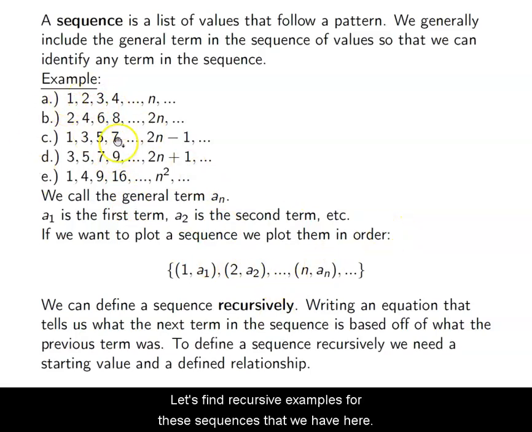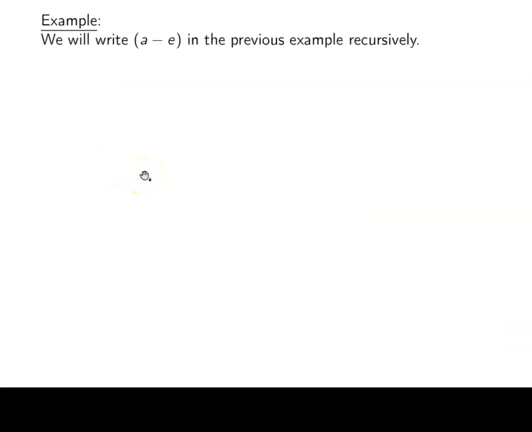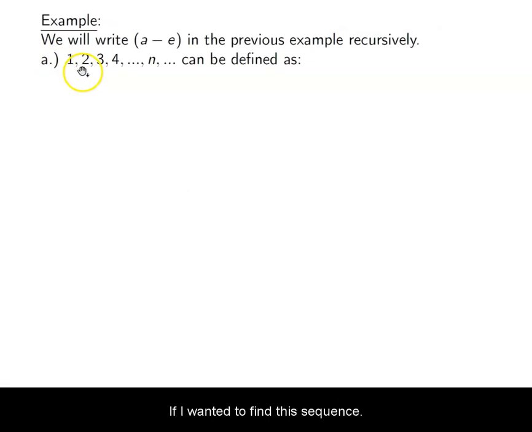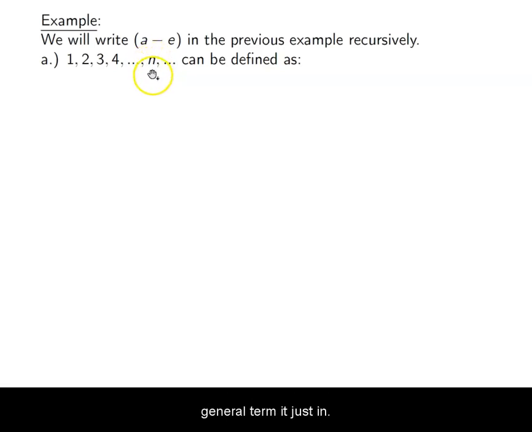Let's find recursive examples for these sequences that we have here. Okay, so just remember what they are. One is the counting numbers, then the evens, then the odds, and then the odds kind of shifted by 1, and then the squares, right? So if I want to define this sequence recursively, right? So this is how I define it with this general term as just n.